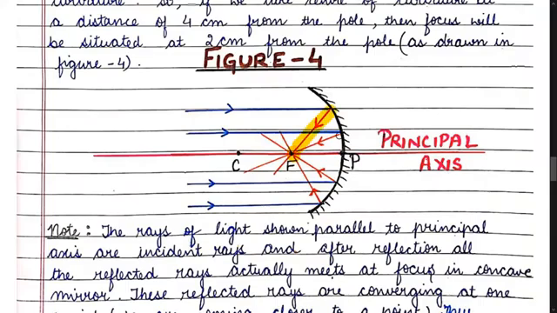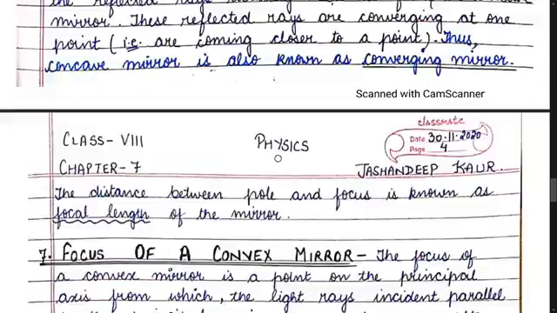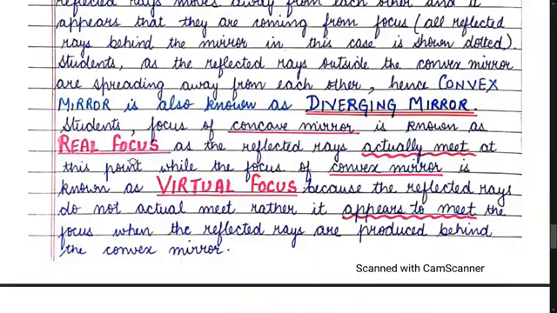Because all the reflected rays are actually meeting or intersecting each other at point F. So the focus of a concave mirror is known as real focus, as the reflected rays actually meet at this point, while in case of a convex mirror, it is known as virtual focus.